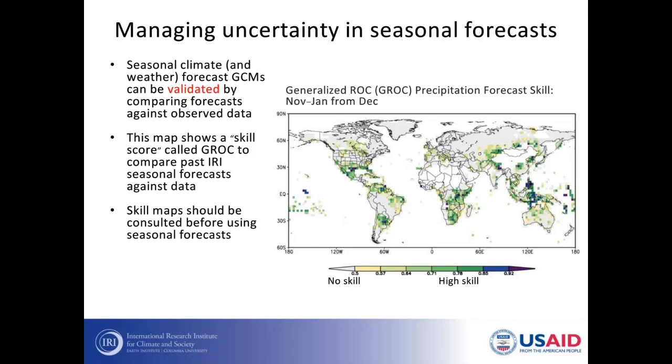The green to purple colours show areas where the forecasts have been accurate in the past. Clearly the skill of the forecast is highly geographically dependent, and these regions also vary from season to season. The skill of seasonal forecast tends to be highest in the tropics than in higher latitudes. Skill maps like this should be consulted before using seasonal forecasts.